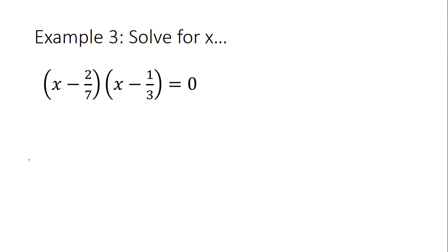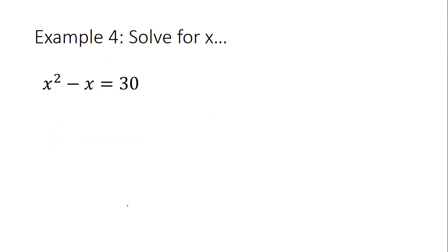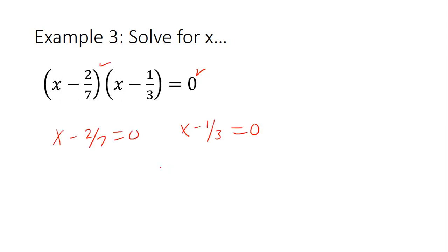Nope, separate. All right, so again, follow your steps. We equal 0. We're fully factored. We take x minus 2/7 and set it equal to 0. We take x minus 1/3 and set it equal to 0. This is just a number being subtracted.